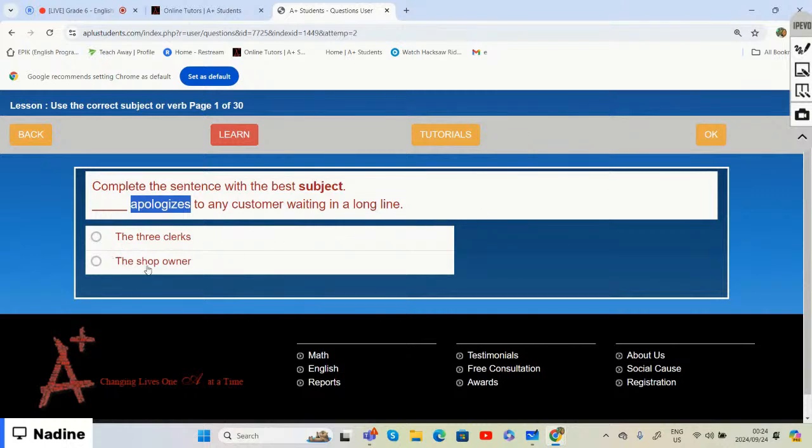Or do we say the shop owner apologizes to any customer waiting in the long queue? So option one, the three clerks, or option two, the shop owner. So which one is correct? Who apologizes?